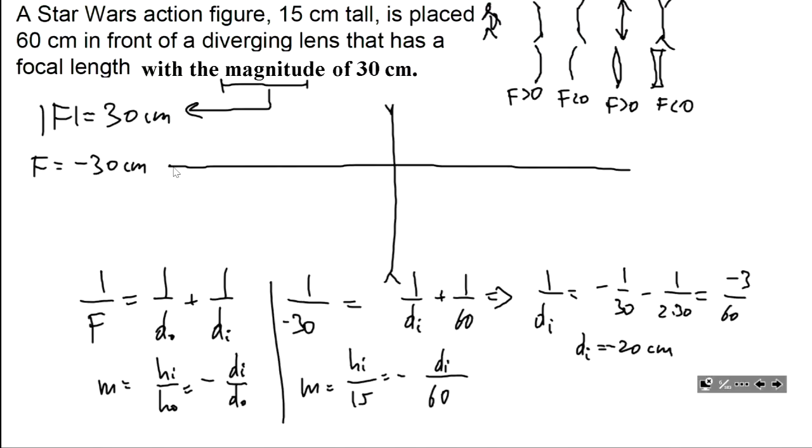So if we take a ruler and we measure a distance from a lens to a location of a virtual image, the number should be 20. But because it's virtual, we have to assign a negative number to that quantity. We also call it distance, but it's an image distance, so a slightly different term.